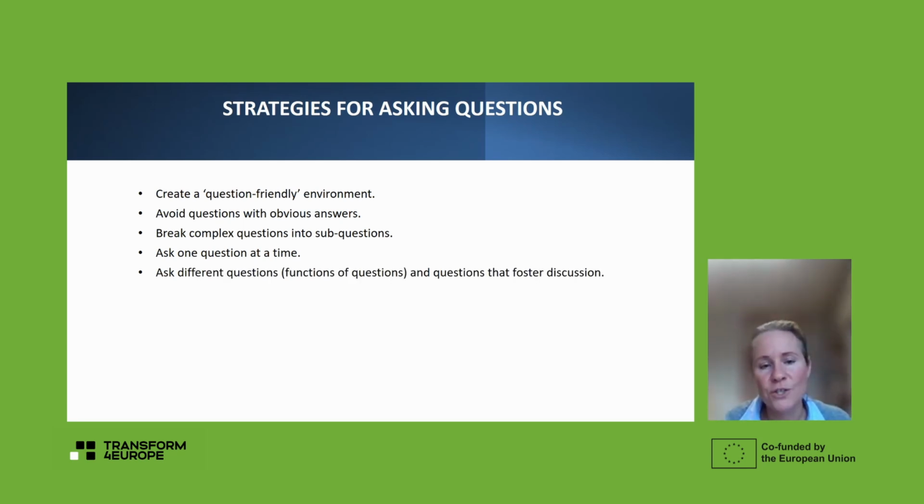Ask different questions and questions that foster discussion. So we should really think of questions that encourage different cognitive processes or stimulate these really high order thinking skills, and open-ended questions or questions that foster discussion to then get the students to participate.